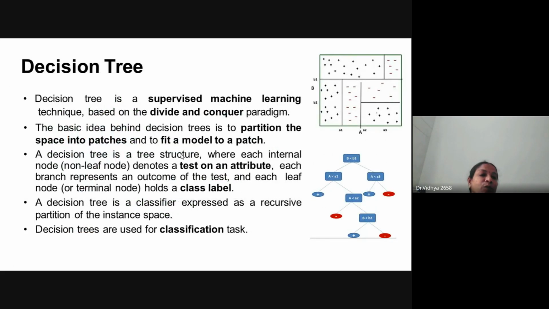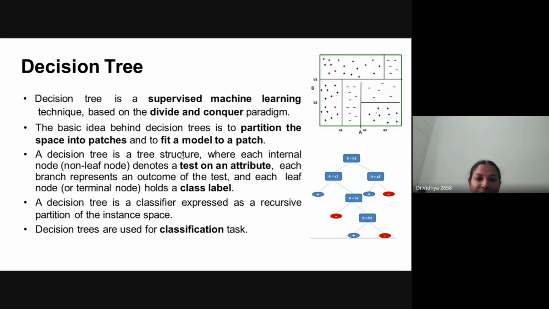Decision tree is a supervised machine learning technique. It is based on the divide and conquer paradigm. So you are dividing the whole data into a number of subsequent subsets of data, so it involves a divide and conquer paradigm.